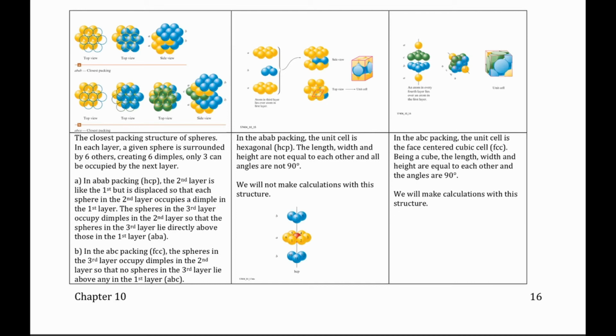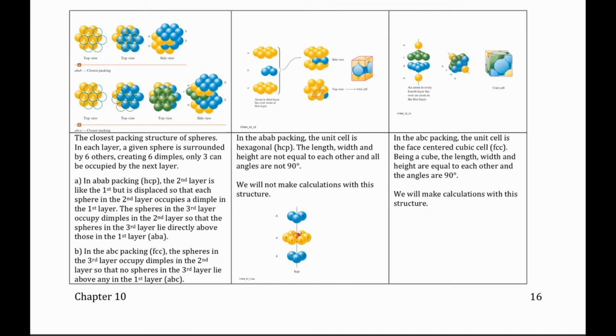Only 3 can be occupied by the next layer. So imagine we have 6 atoms surrounding an atom, and there are 6 dimples in there. Well, if we put another layer just like that on top, it turns out only 3 of those 6 dimples can be occupied just because of the volume of the atoms.